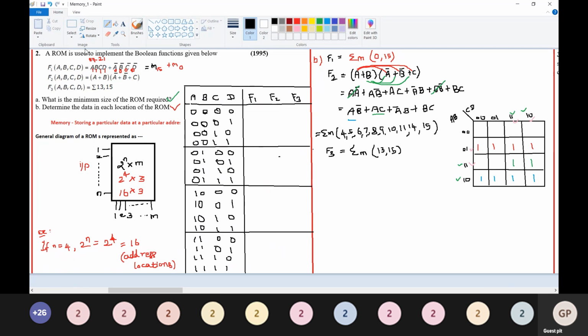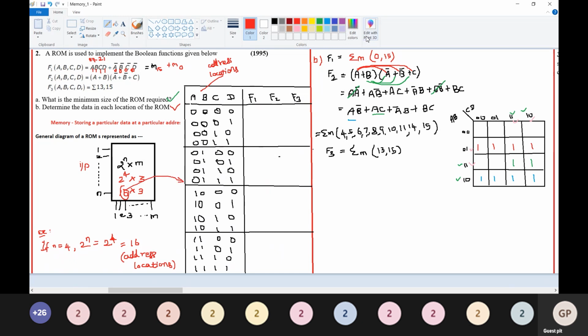Now we are going to plot what is the data for each location of the RAM. So these are the memory locations, or we can say address locations. So 16 address locations.